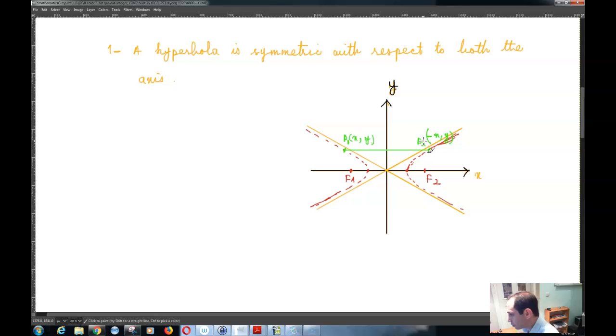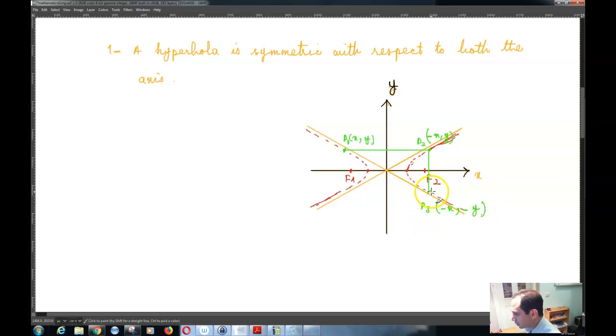And since your hyperbola is symmetric with respect to the x-axis as well, if I drop a perpendicular to the x-axis and go the same distance in the same direction, I will get to this point, P3, with the same x but negative y.